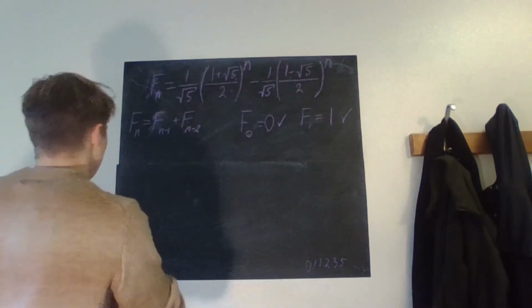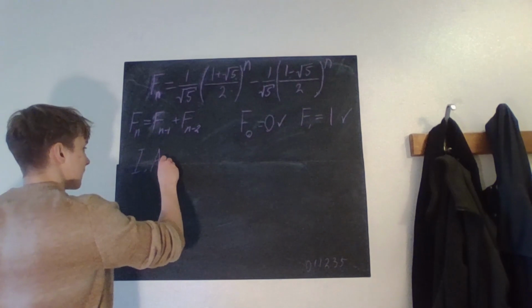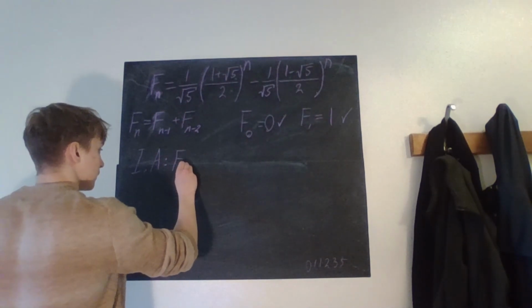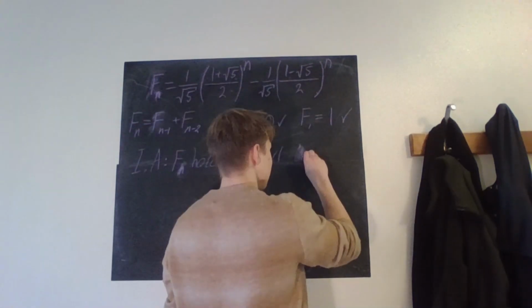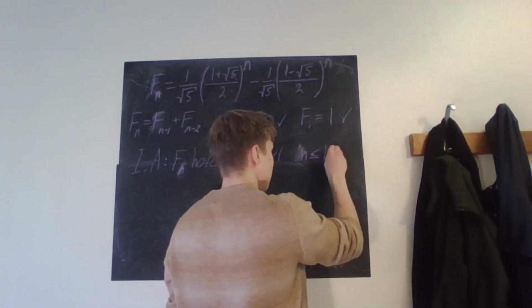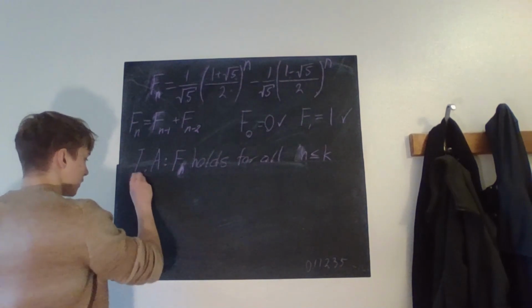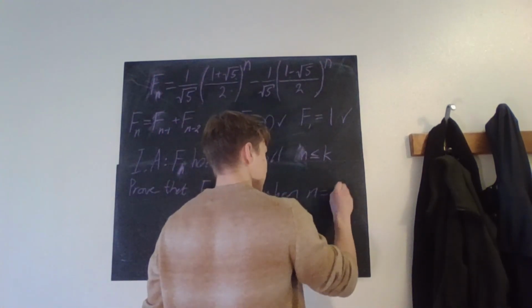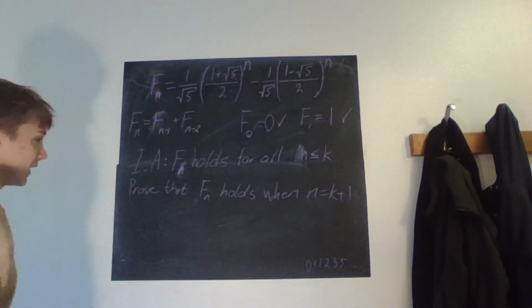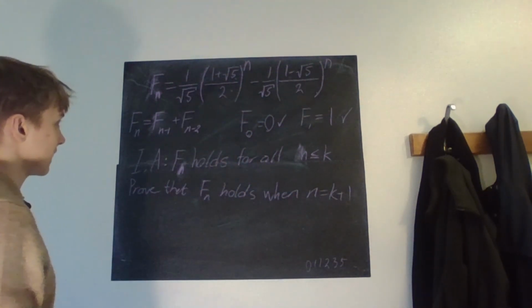So now our induction assumption is that our formula for Fn holds for all n less than or equal to k. And then we shall now prove that Fn holds when n is equal to k plus 1. So yes, this is the task at hand.